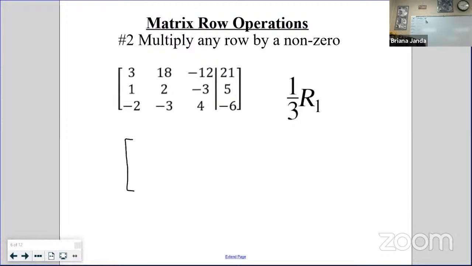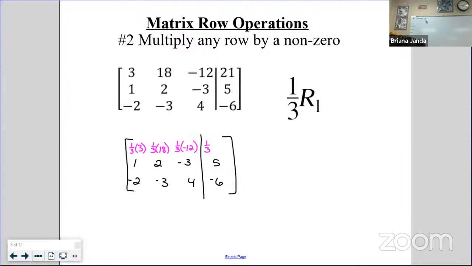So what is not changing is rows 2 and 3. Copy carefully. What is changing is row 1. And what we're going to do is we're going to take 1/3 times each of the values. Now, what I'm showing right here is not necessary, but sometimes helpful for people to see, is like physically going in and multiplying each one by 1/3.